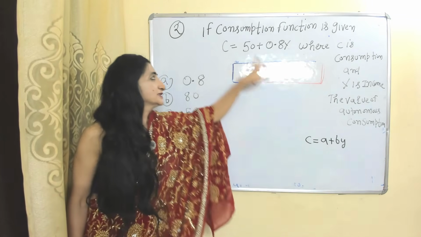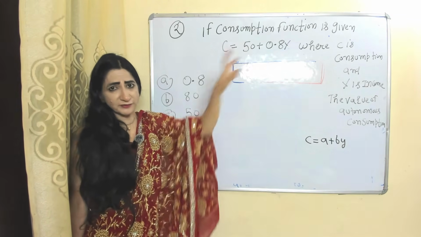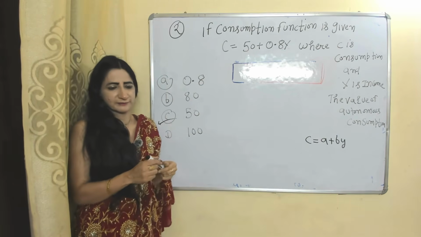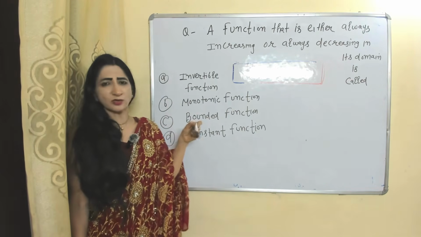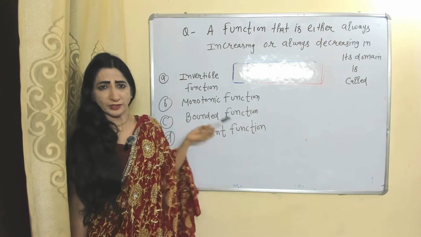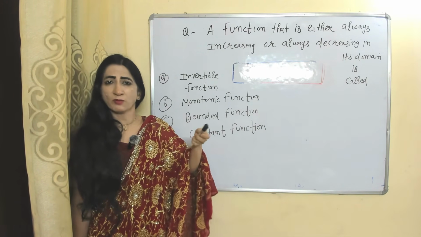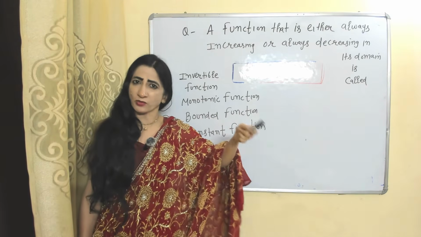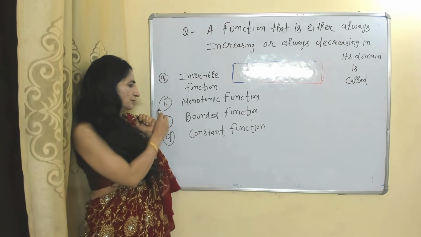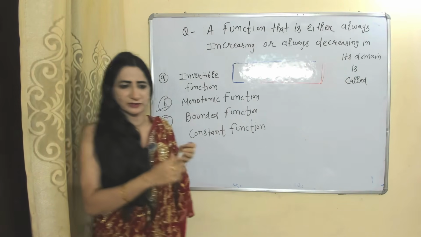So here A is 50. So 50 is our autonomous consumption. Our right option is C, 50. A function that is either always increasing or always decreasing is called, as we already discussed, a monotonic function. So our right option is B, monotonic function.